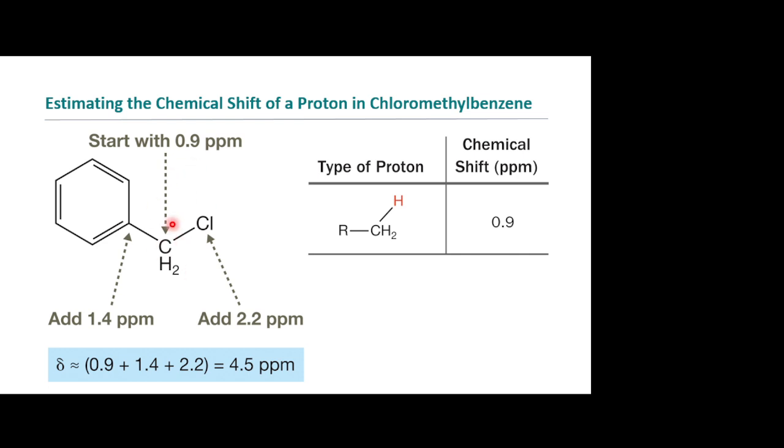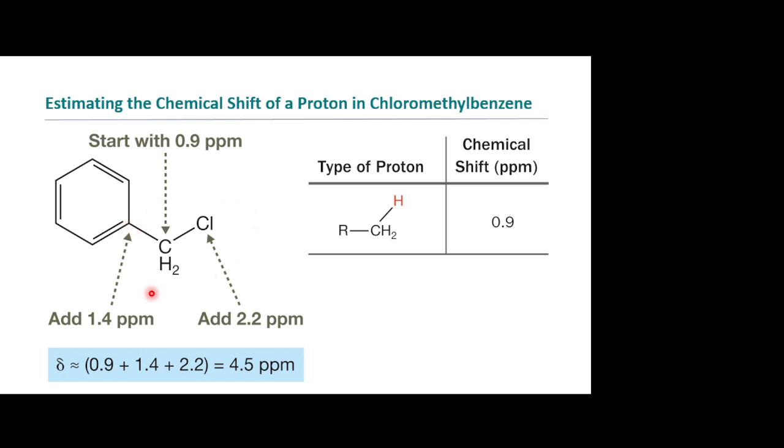And so we take this right here, we start with a 0.9 ppm, because that's that normal CH3 that we're messing with, right? See that? One of the hydrogens has been replaced by chlorine, and one of the other ones here, the carbon, has been replaced by an aromatic ring, hasn't it?